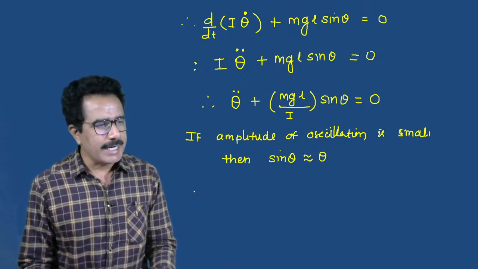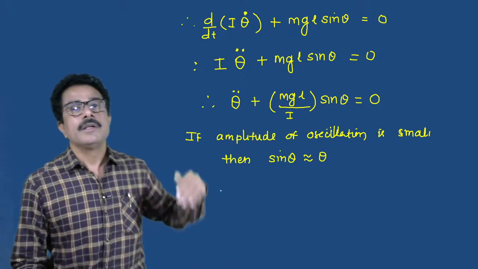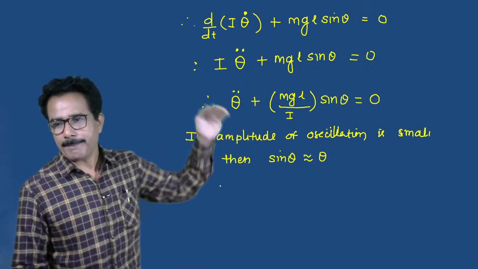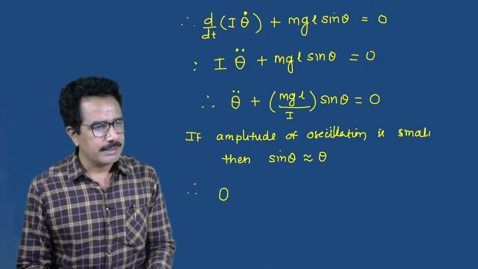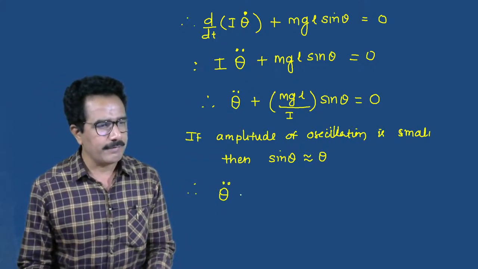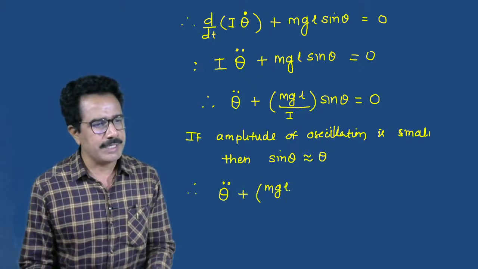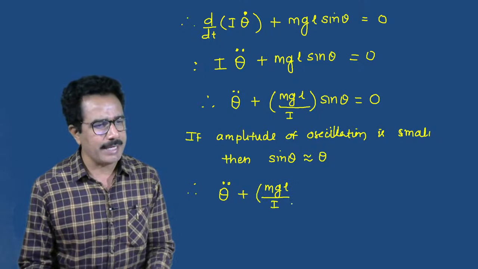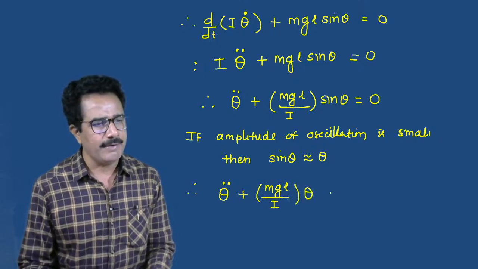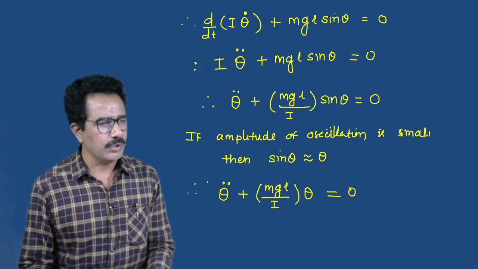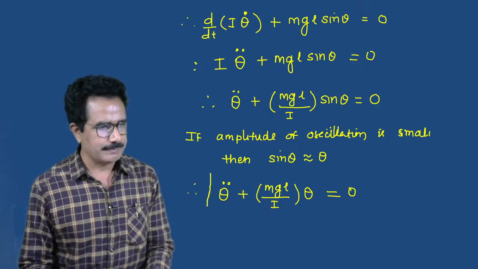So we can write, therefore the equation of motion becomes theta double dot plus mgl divided by I into theta, which is equal to 0.